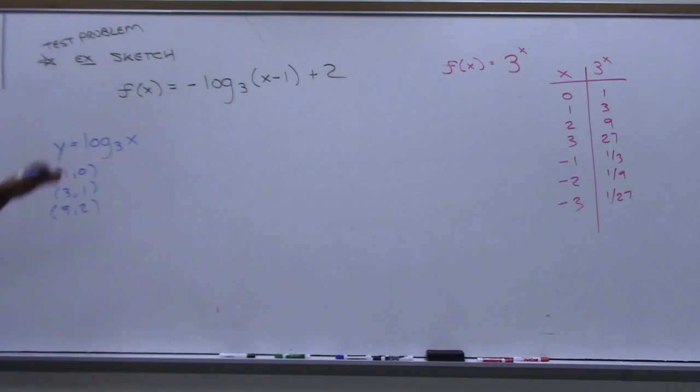I won't use the 27, 3 because my graph's not going to be that big. 1/3, -1; 1/9, -2. And again, I won't use the 1/27th. Well, I could do that one. 1/27th, -3. We good? Just flipped all those over?